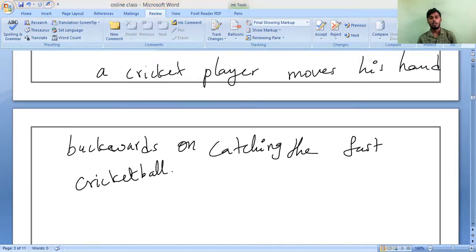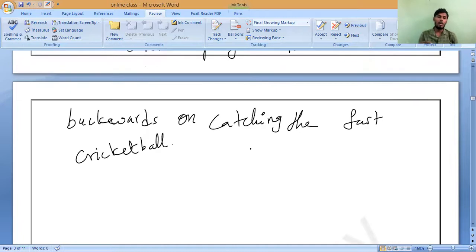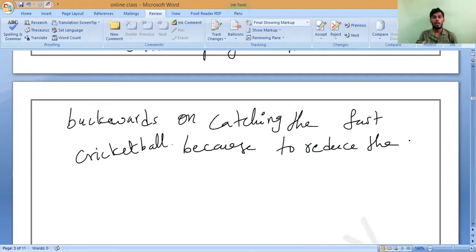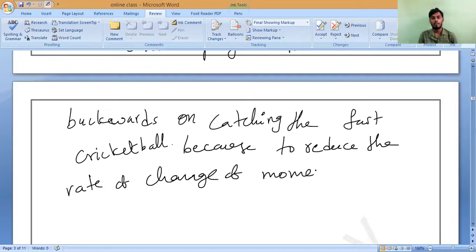Why? To reduce the momentum, to reduce the rate of change of momentum.